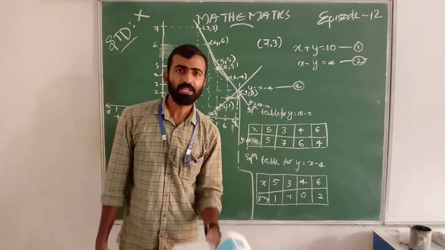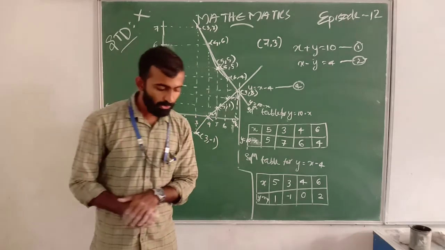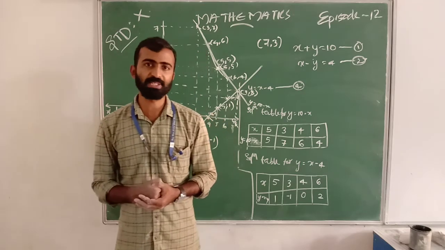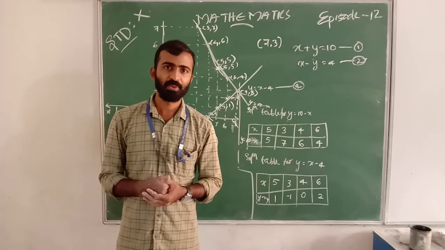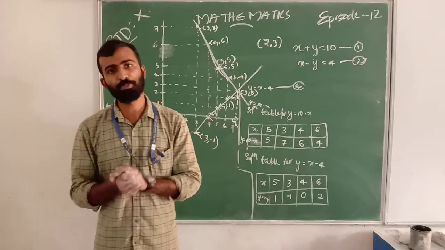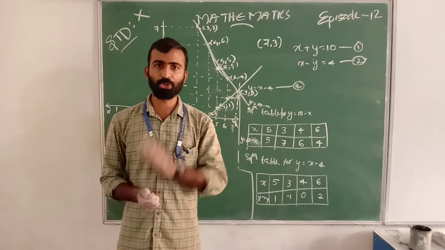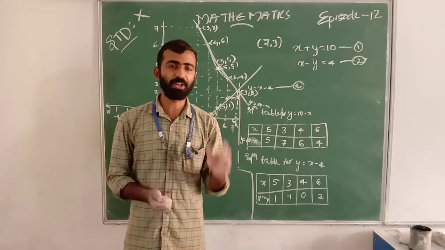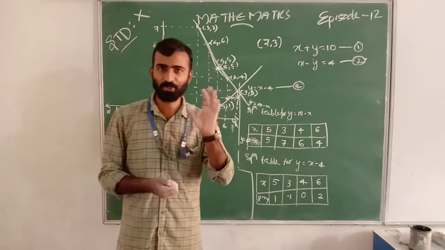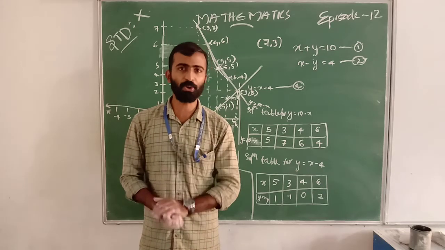Just a hint: take the price of pencil as x and the price of pen as y. Then you can make two equations, solve like this, draw a graph, and from your graph there is your solution. That is for your homework.